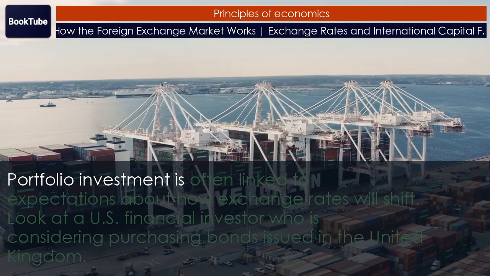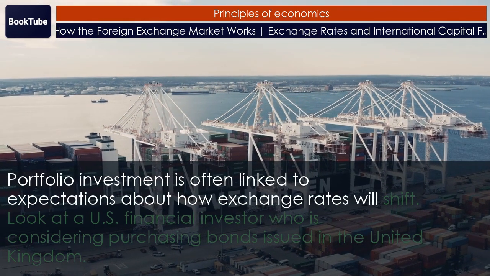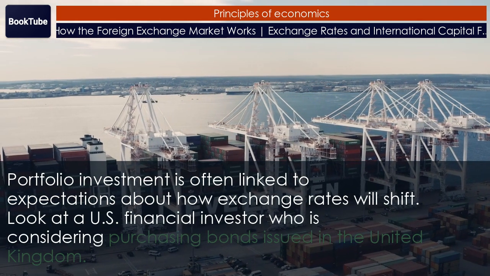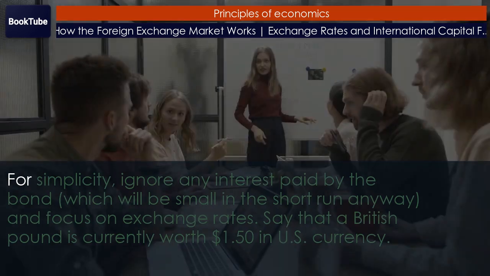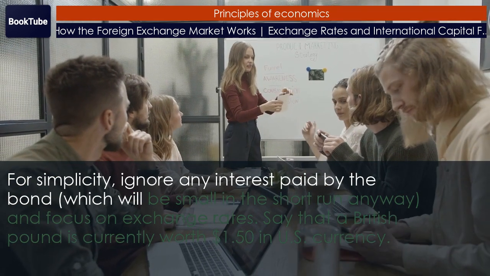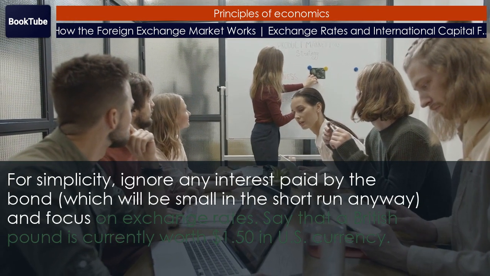Portfolio investment is often linked to expectations about how exchange rates will shift. Look at a U.S. financial investor who is considering purchasing bonds issued in the United Kingdom. For simplicity, ignore any interest paid by the bond, which will be small in the short run anyway, and focus on exchange rates.